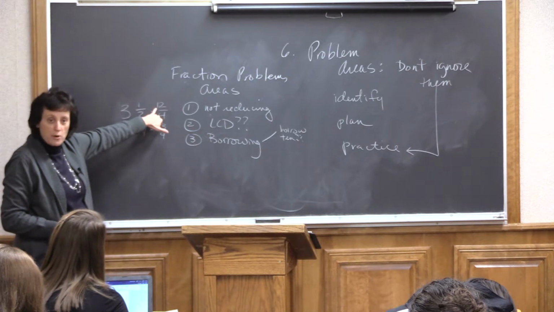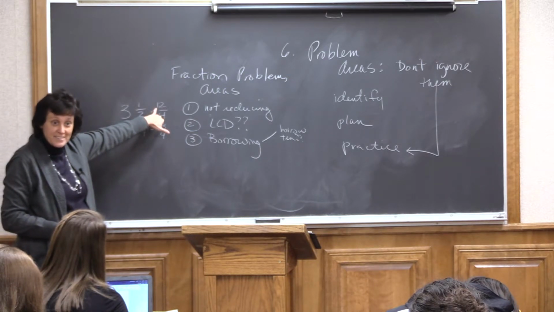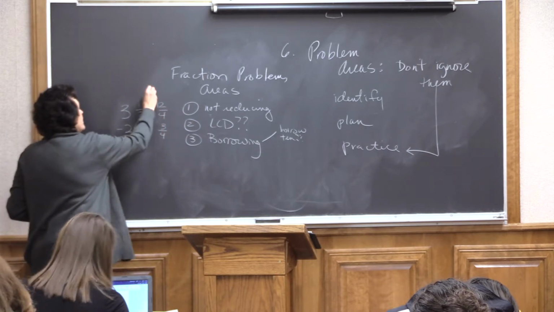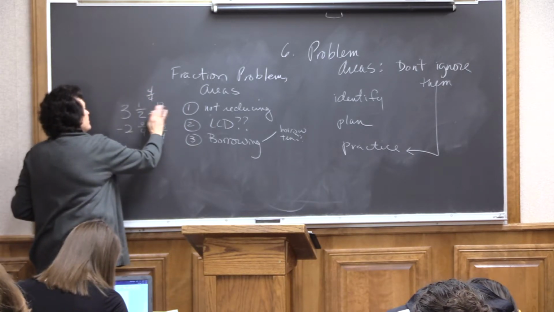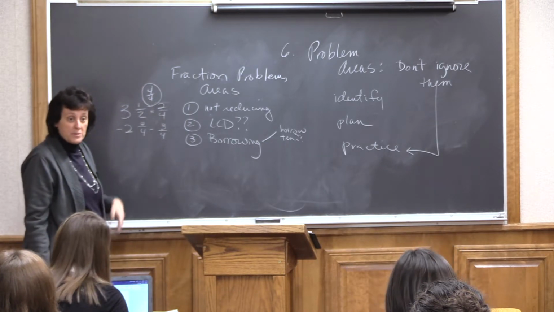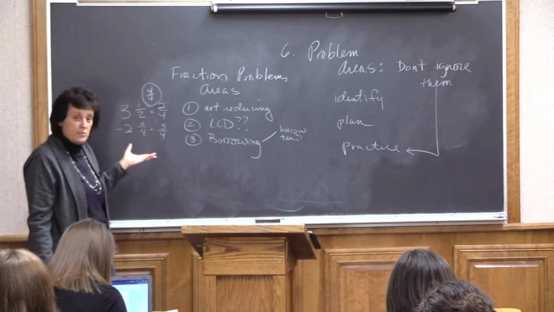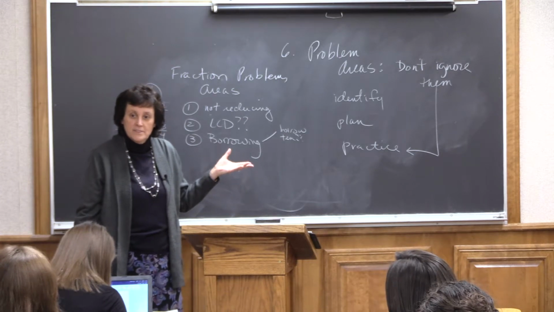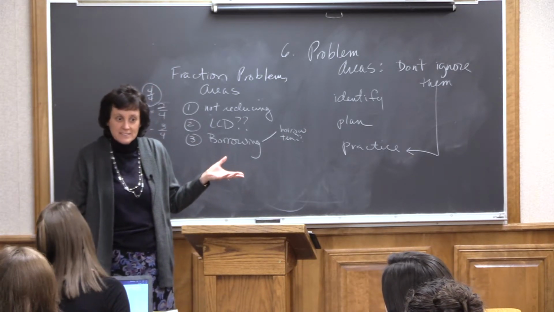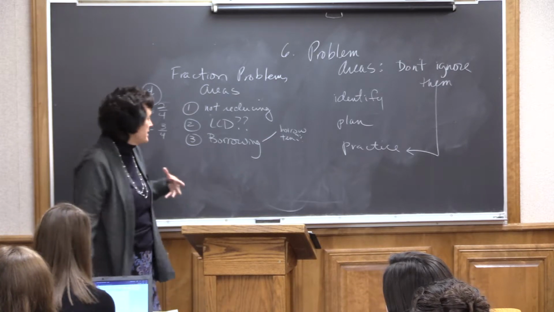That's what I mean by borrowing a 10. We don't borrow 10s, do we? What do we borrow? We have to borrow in terms of the fraction. Borrowing causes a lot of problems. Lazy students will borrow 10. That can't possibly be correct. We borrow 10s in place value.